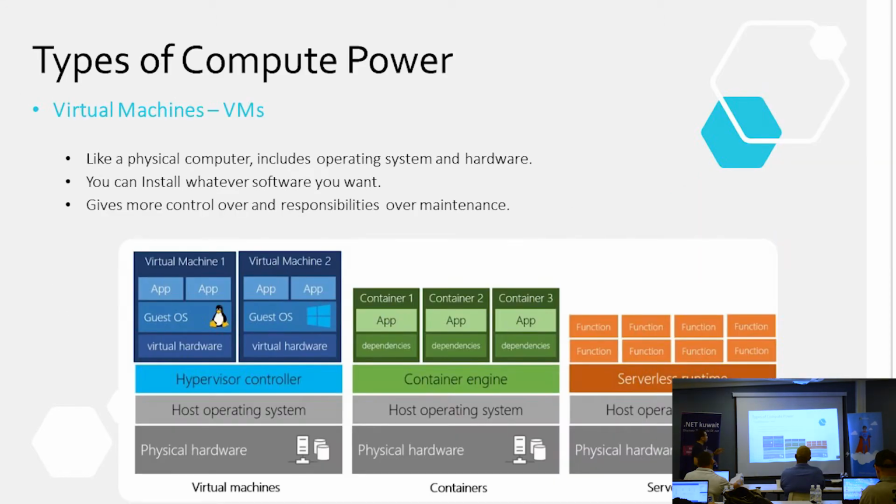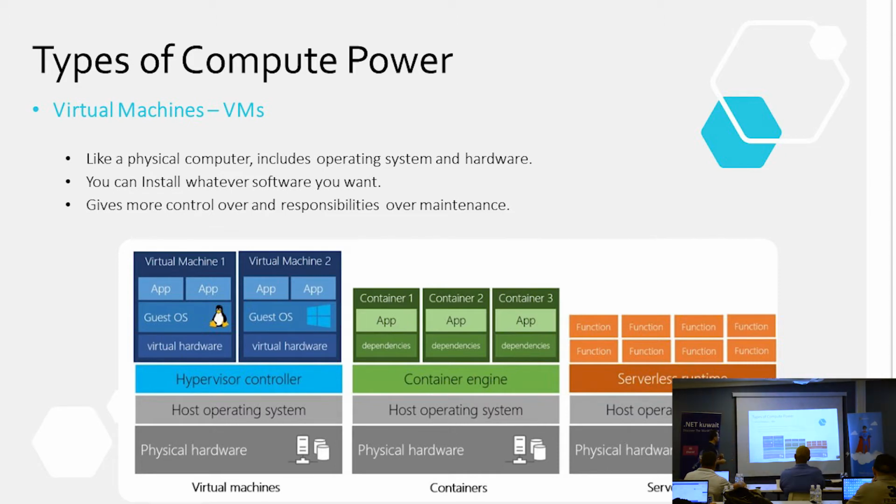So for the types of compute power, you have for sure the virtual machines, which we know. It's like the virtual machine you have in your data center, when you go to the admin and say, please, I want this virtual machine with this specification, that much of RAM, this operating system, and everything. So it's similar.